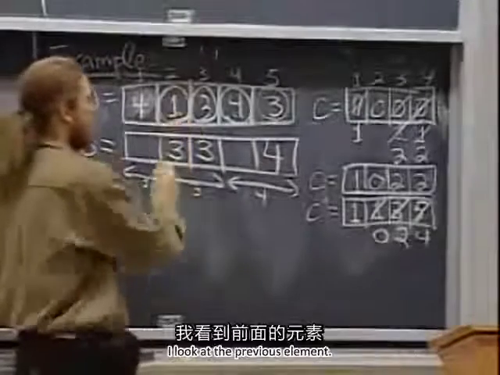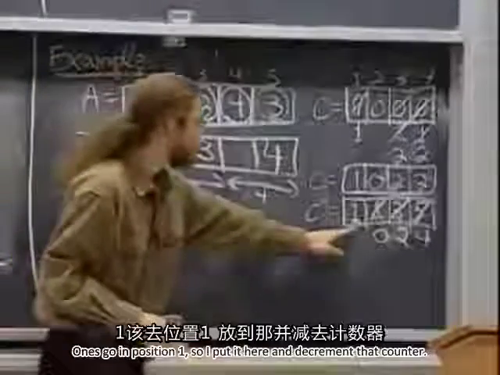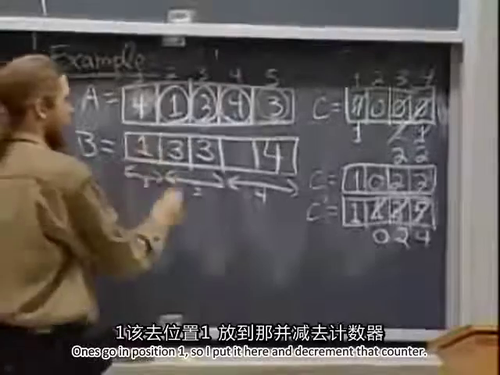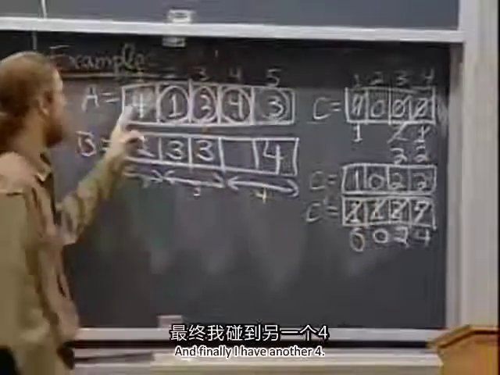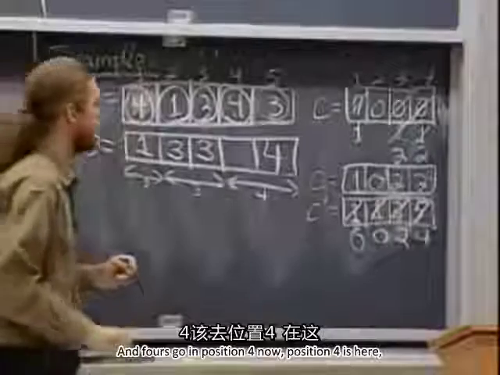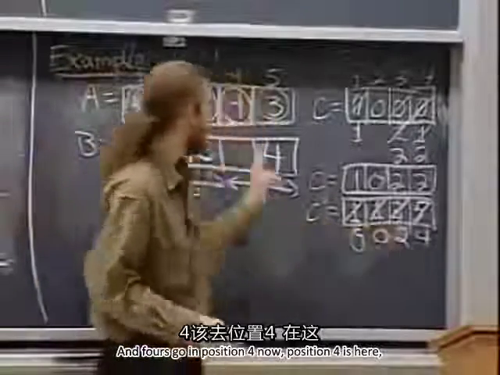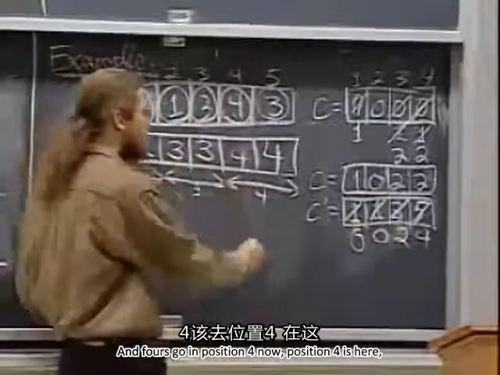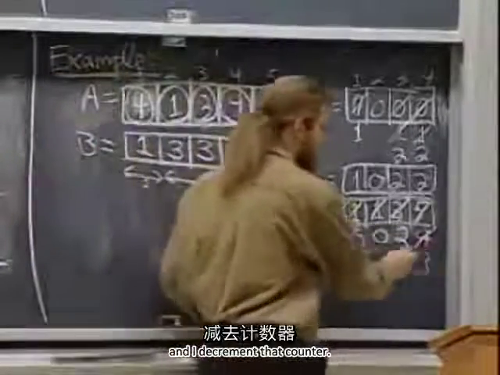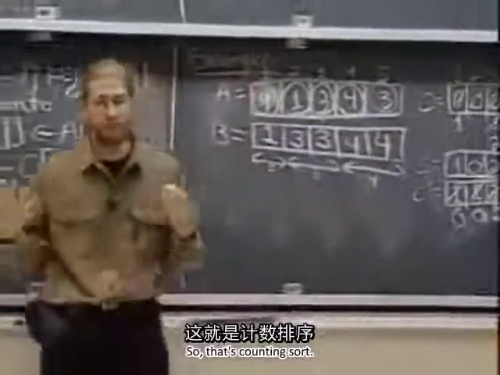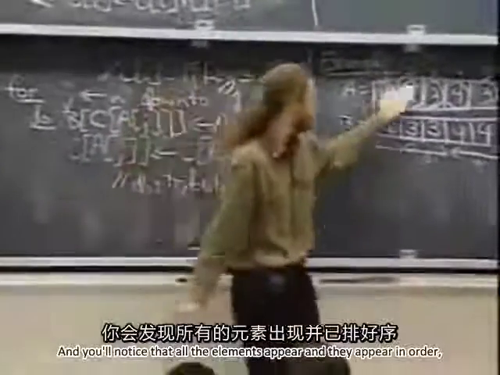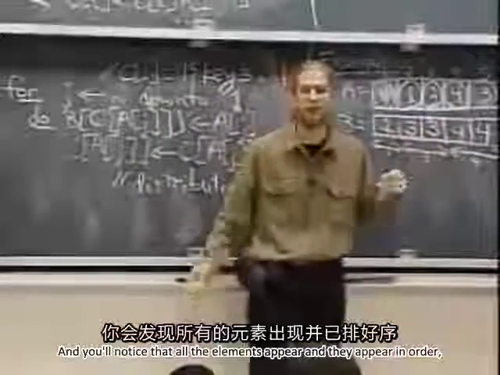I look at the previous element, that's a 1. 1s go in position 1, so I put it here and decrement that counter. And finally, I have another 4, and 4s go in position 4 now. Position 4 is here, and I decrement that counter. Okay, so that's counting sort. And you notice that all the elements appear, and they appear in order.